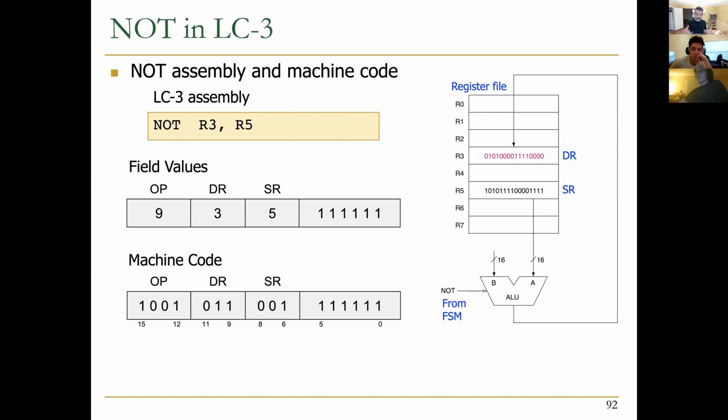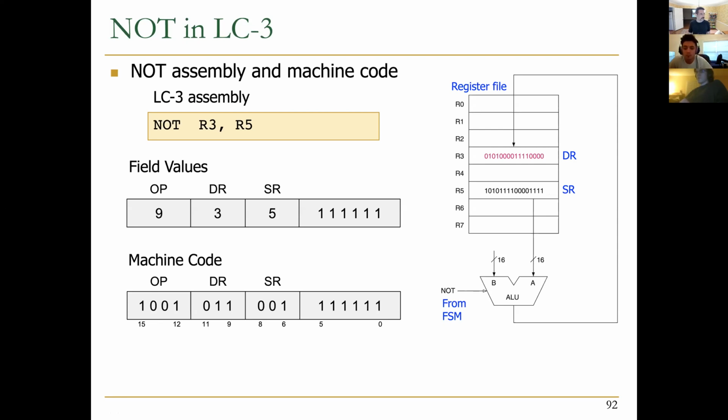Your opcode tells the machine what instruction you want to execute, in this case NOT. So one input is coming from the source register, and here you tell the ALU that you want to execute NOT.